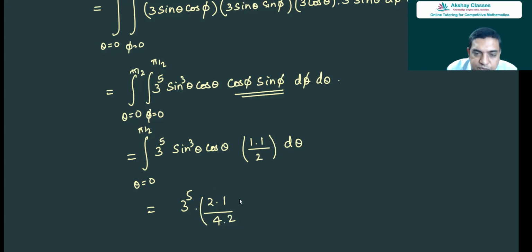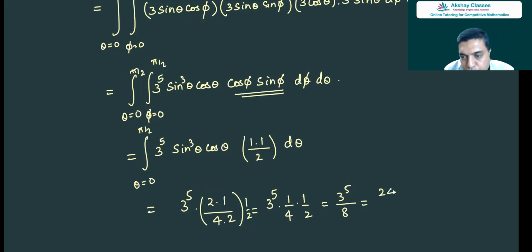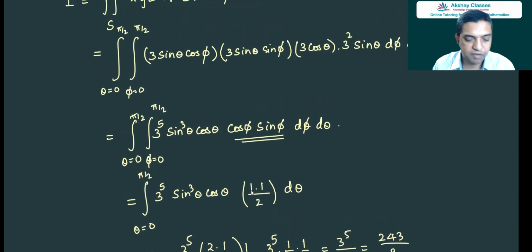So this is Wallis formula, and we get 1 upon 4. And 1 by 2 is also there. So 3 power 5 into 1 by 4 into 1 by 2. So we get 3 power 5 upon 8, 243 upon 8. So this is the surface integral.